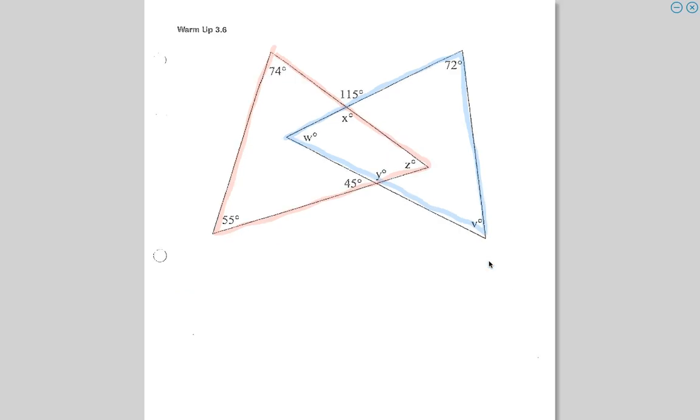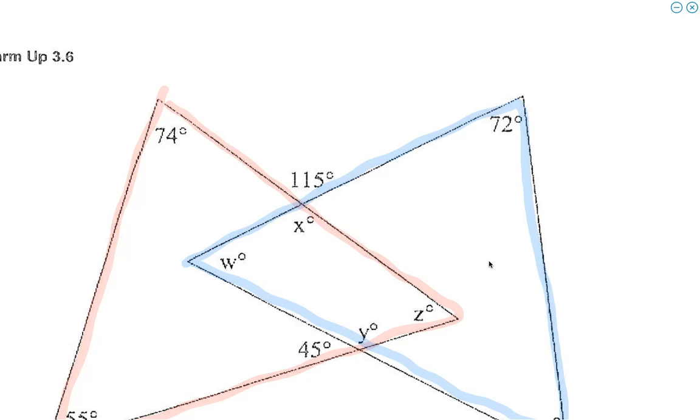We know from the one formula that S equals 180 times n minus 2. So that's the sum of interior angles. We know that a triangle should add up to 180 degrees.